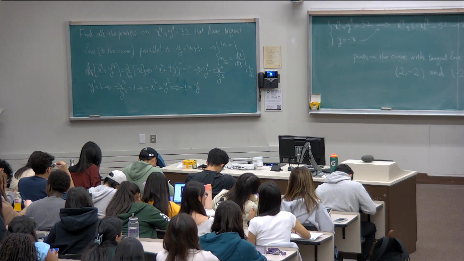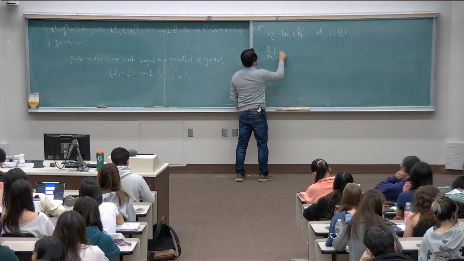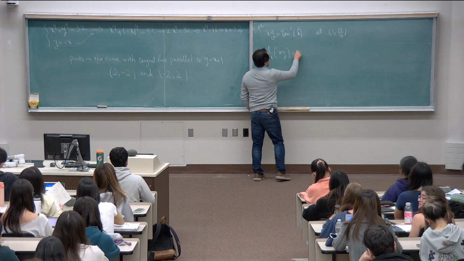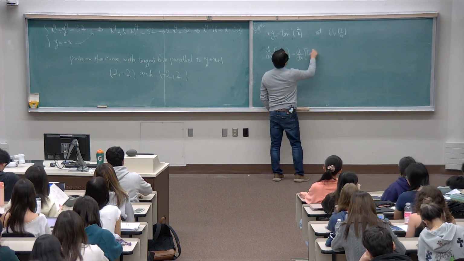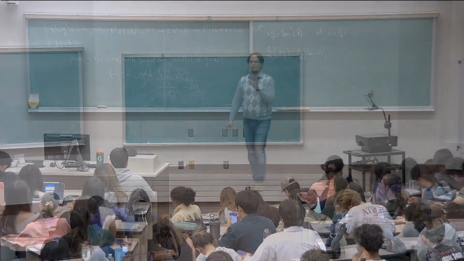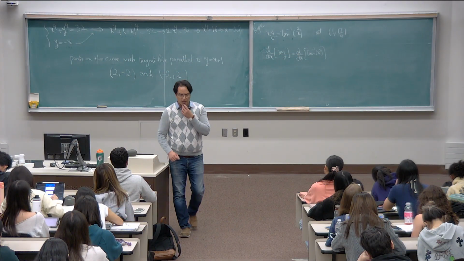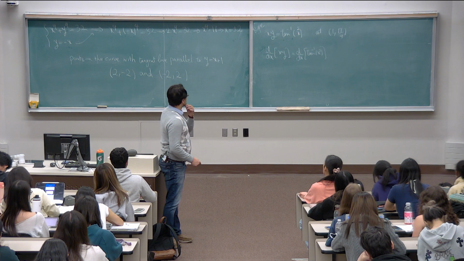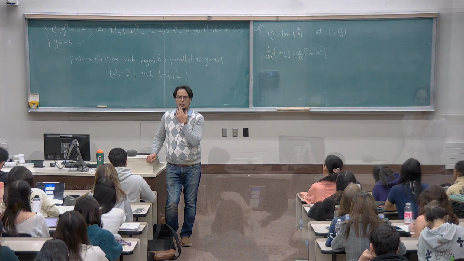Okay, slope means find the derivative and evaluate it at that given point. Before I find y prime, how do you know that the point 1, pi over 4 is a point on the curve?